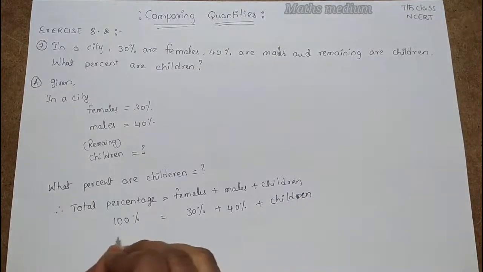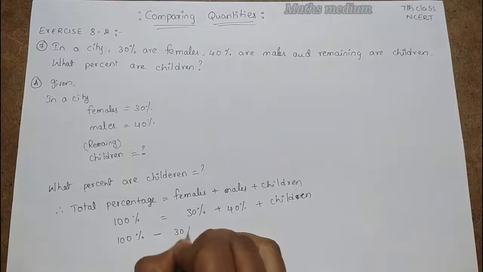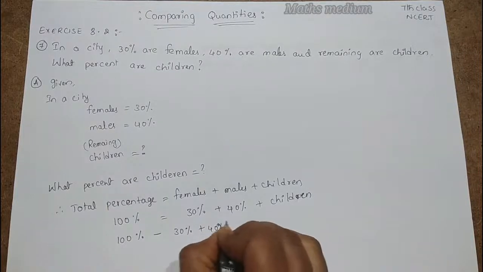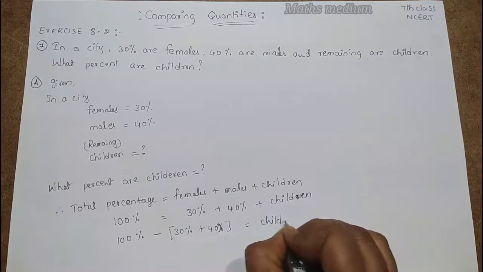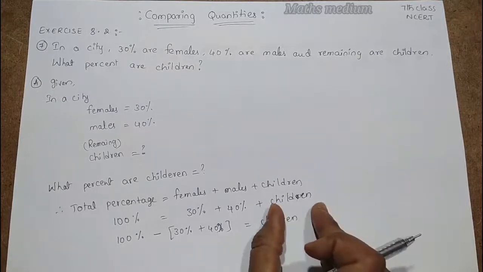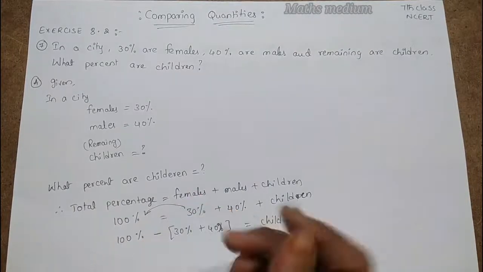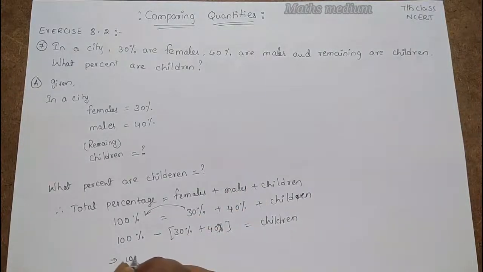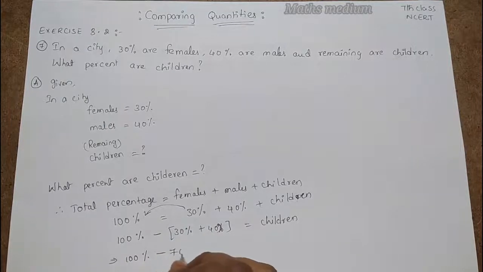Now take again 100% minus 30% plus 40% is equal to children. We can write it as, right? Because here children is kept common and I took these two to the other side, then it changes its sign also. Now 100% minus 30% plus 40%, 70% is equal to children.